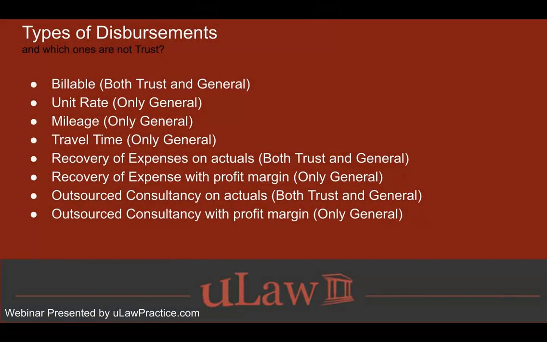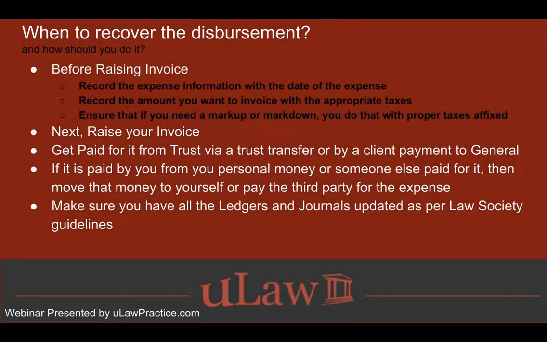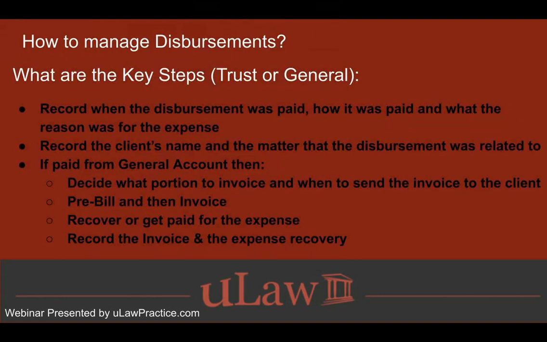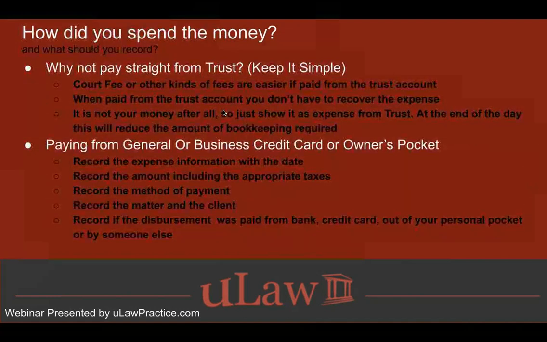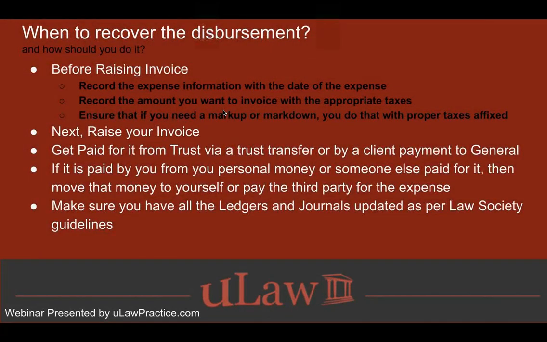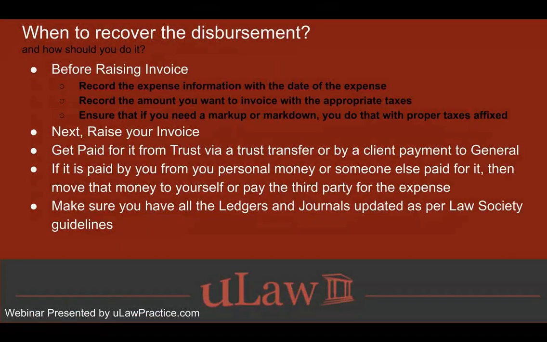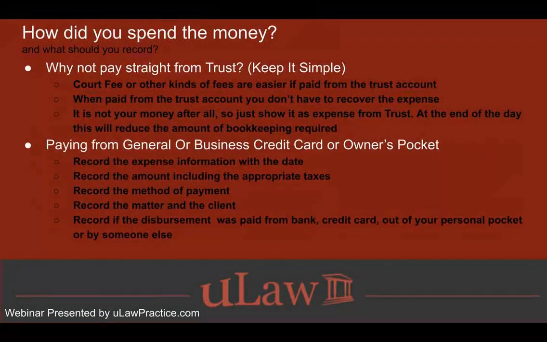Now the next part is types of disbursement. As part of types of disbursements, there are several types. Some of them are profit-oriented, like printing pages or photocopies, and some of them are basically to be directly done from trust, like filing fees and court fees.